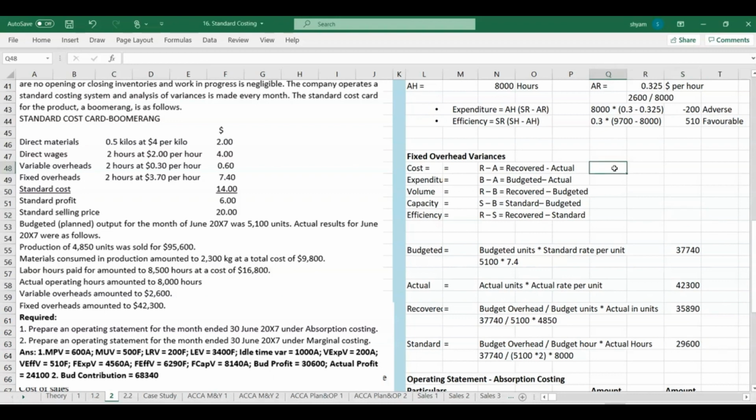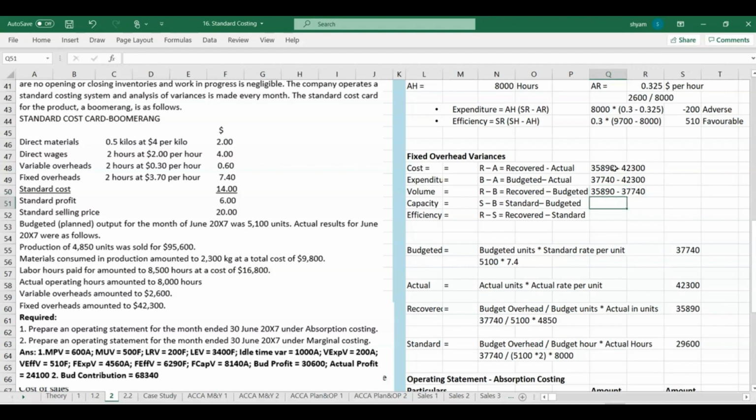So the first one is recovered minus actual. Recovered is 35,890 minus actual 42,300. The next one is budgeted, 37,740 minus actual 42,300. Next one is recovered minus budgeted, so that is 37,740.